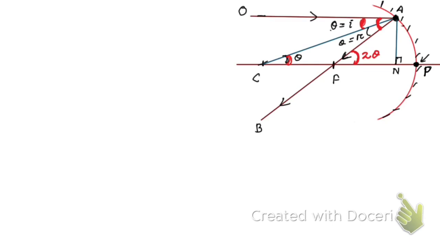So here you can see that this angle AFN is 2 theta. These two angles, OAF and AFN, are alternate interior angles, so these two must be equal. Now let me use the black color.